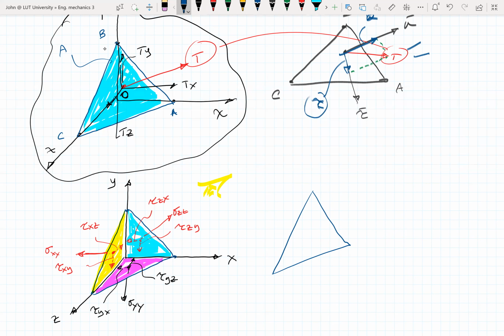This is, again, A, B, and C. Yeah, black. Then I will have a vector, to put it, yeah.